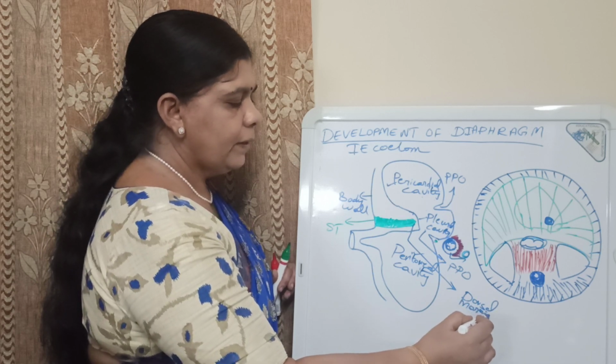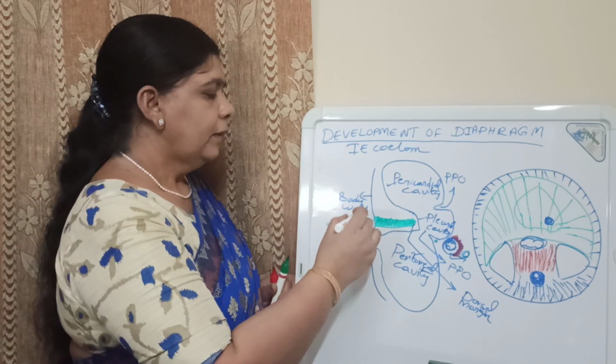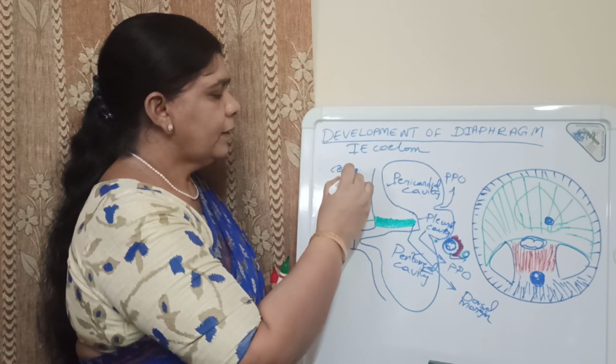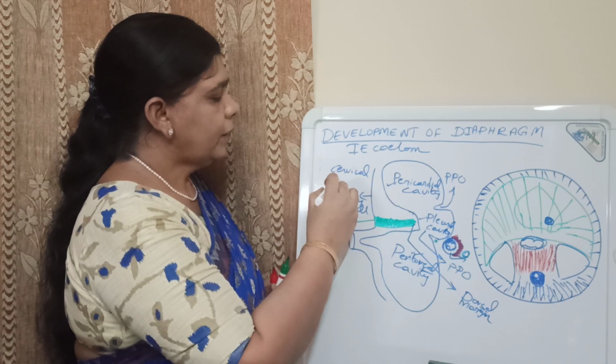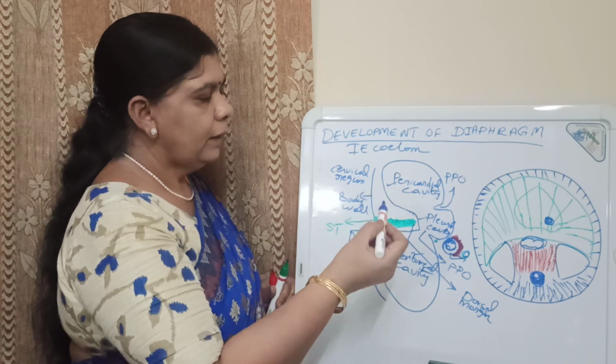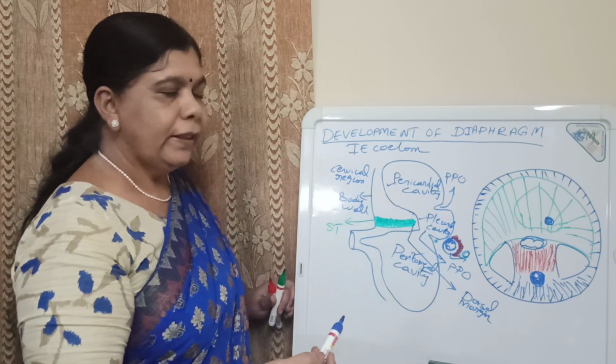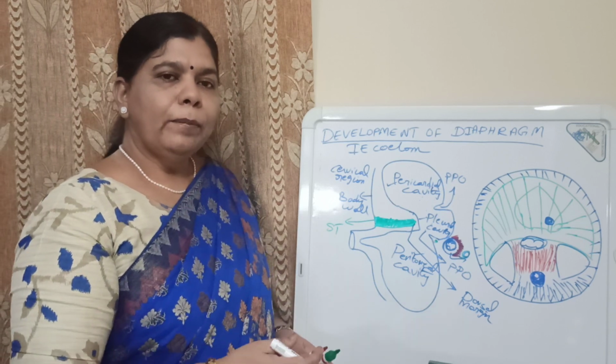This septum transversum is developing in the cervical region in the beginning. Then it migrates caudally due to the development of the lungs and the heart, so it reaches the lower position.